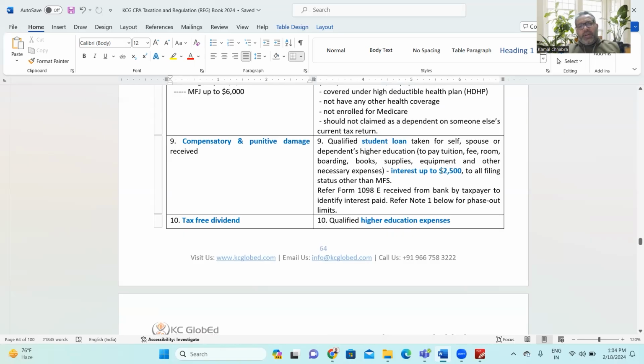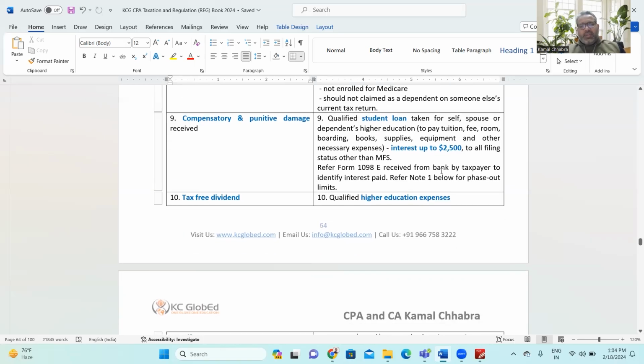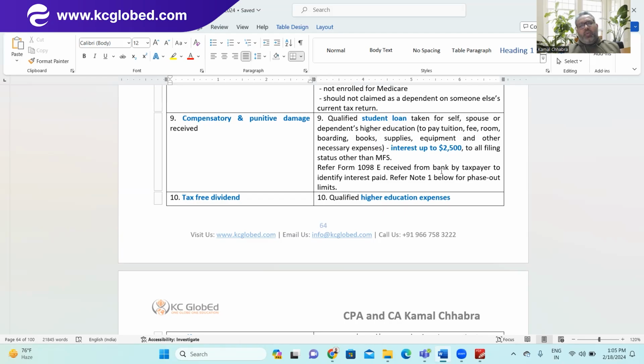Next is qualified student loan taken for self, spouse, or dependents' higher education to pay their tuition fees, course fees, room and boarding, books, supplies, equipment, and other necessary expenses. So interest up to 2,500 for all the filing statuses other than married filing separately, right?